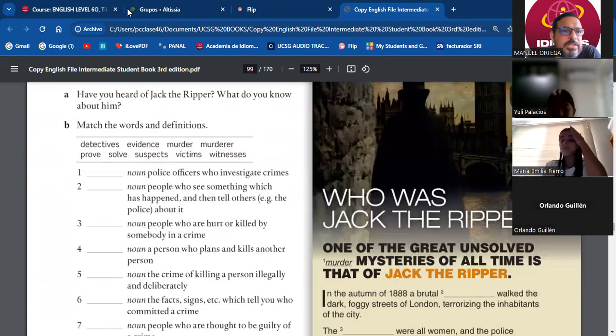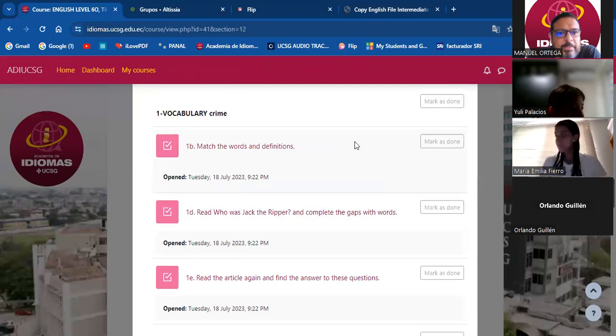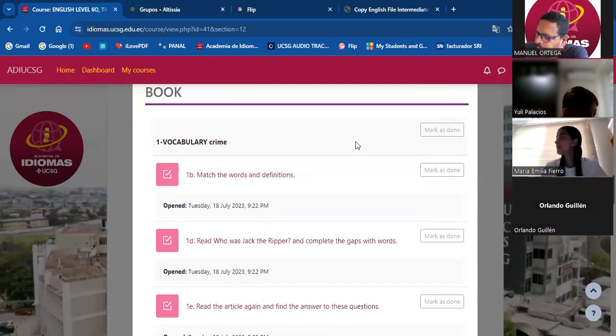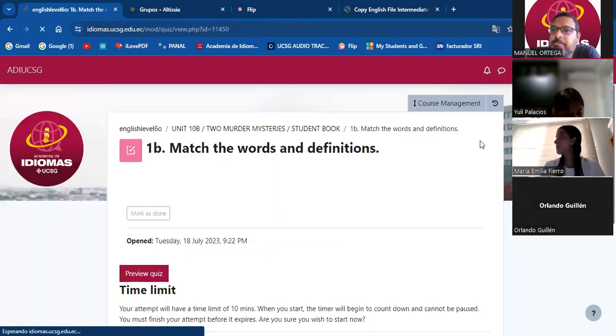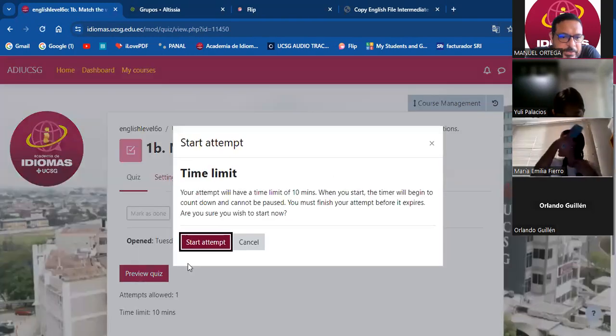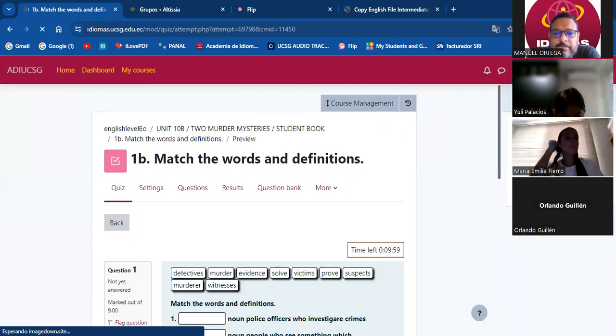As a first part related once again to the vocabulary, let's take a look what we got on the platform. We're gonna start on activity 1B, vocabulary, once again related to crime. So match the words and definitions. Help me out first on my attempt, and then you have your time for it.